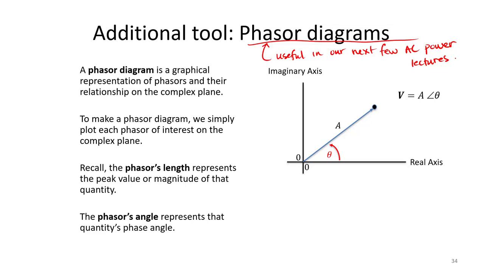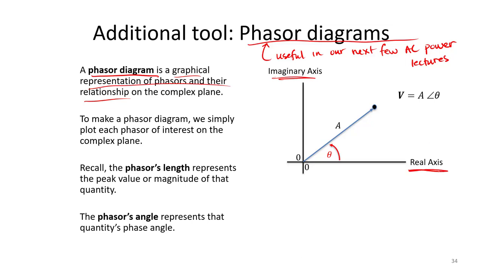Phasor diagrams are actually really simple. All they are is a graphical representation of phasors on the complex plane. Remember, when we say the complex plane, that means we're referring to that imaginary axis being our vertical axis, and the real axis being the horizontal axis.